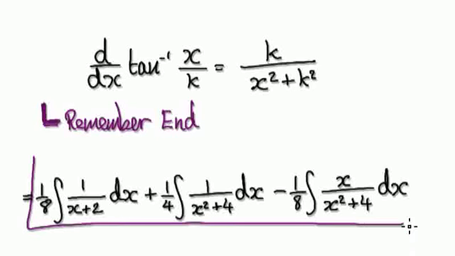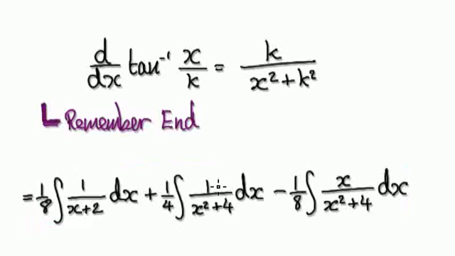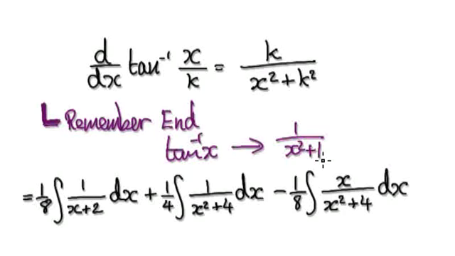Remember, earlier we were here. We're trying to integrate this. This here is easy to integrate because this here is near enough the exact derivative of this. This one here, if you differentiate inverse tan of x, it will give you 1 over x squared plus 1.